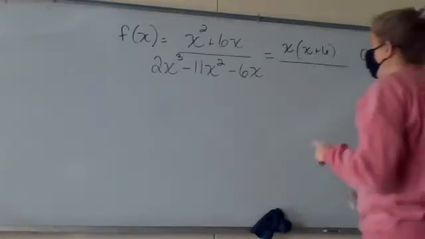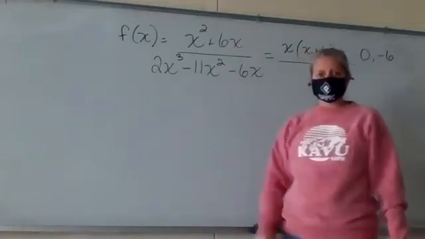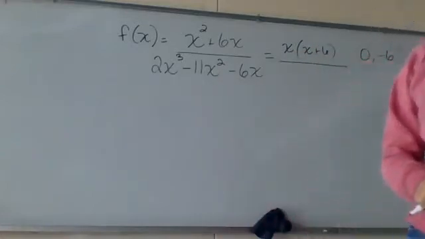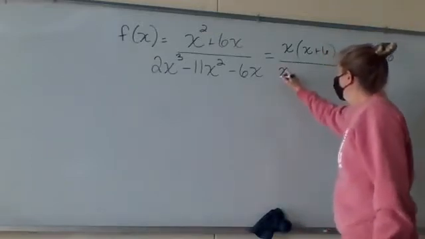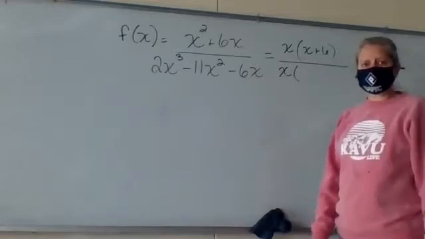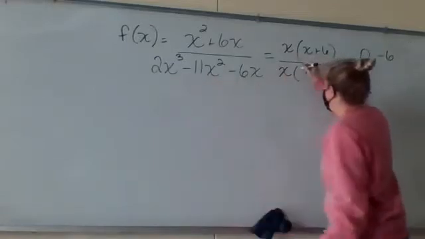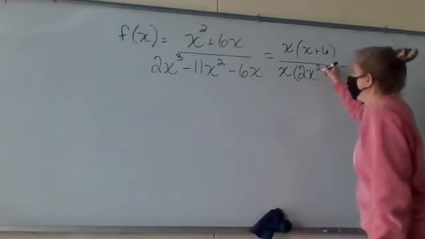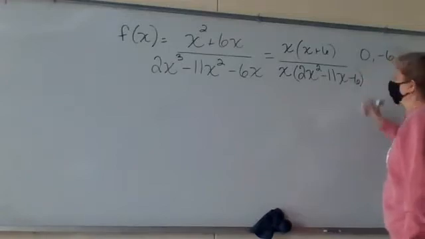The zeros of the denominator, again, you'll see that all three of these terms have an x. So just like the numerator, I can pull out an x and put in parentheses what is left. If I took an x out of each of these, I'd have 2x squared minus 11x minus 6.